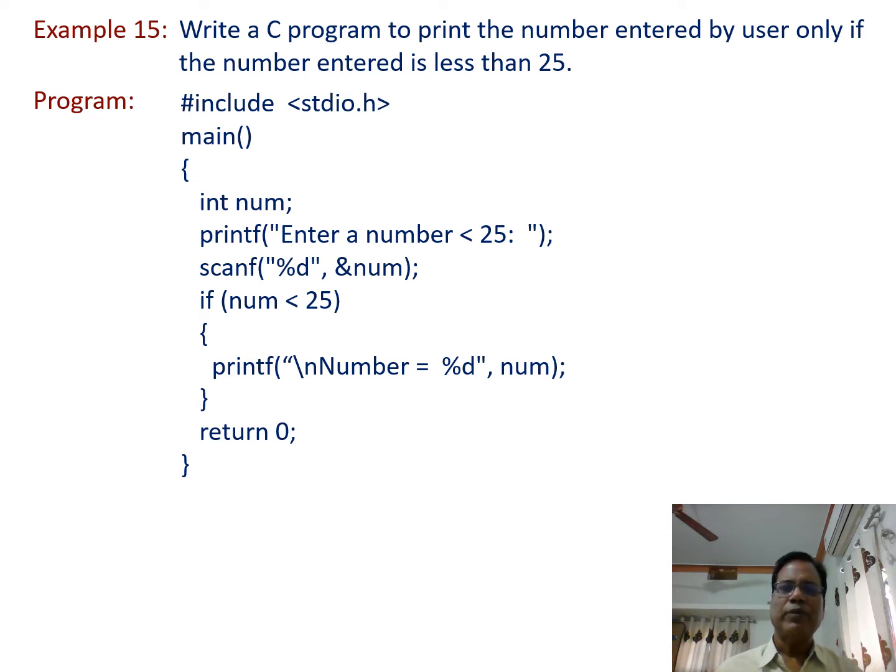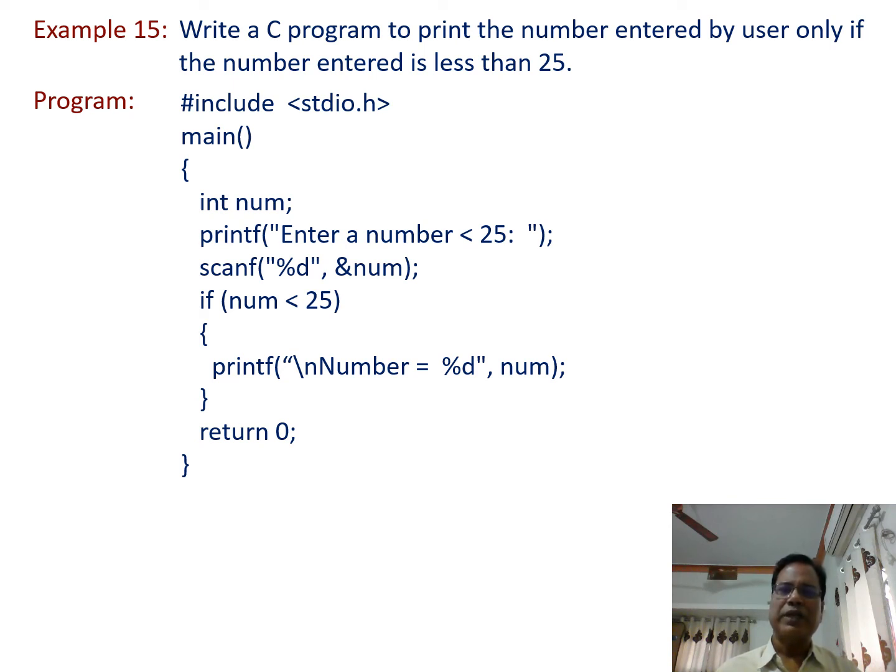So in this program, int num declares num as an integer type of variable. Printf "enter number less than 25" is the message printed on the output screen, whereby we enter a number which is less than 25.